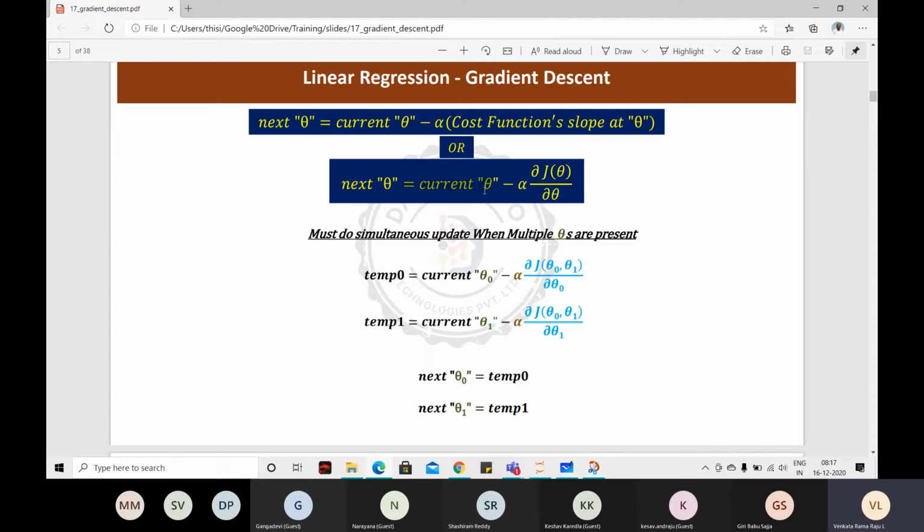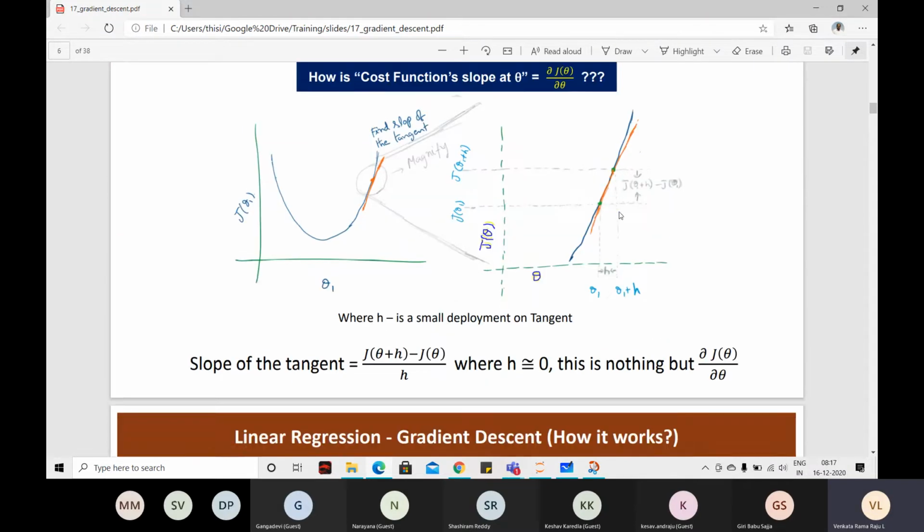The cost function's slope at theta can be calculated using the derivative of the cost function with respect to theta. Remember that: the derivative of the cost function gives you the slope of the tangent.